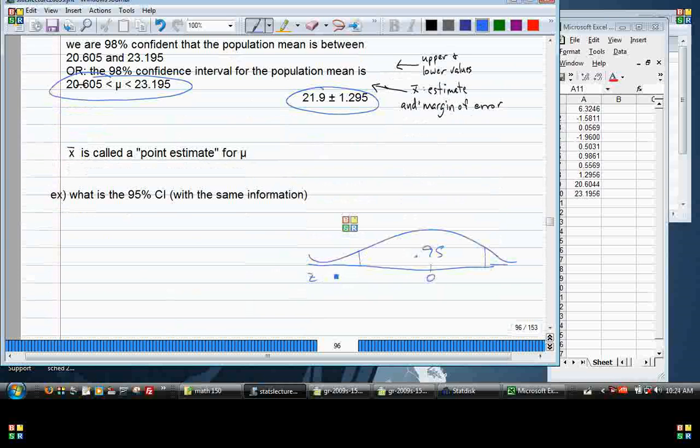As someone just said, 0.025, that immediately means there's 0.025 in each tail. So what do we have to do? Find the z-score. What's the z-score? We did this already. And what was it? 1.96, exactly.